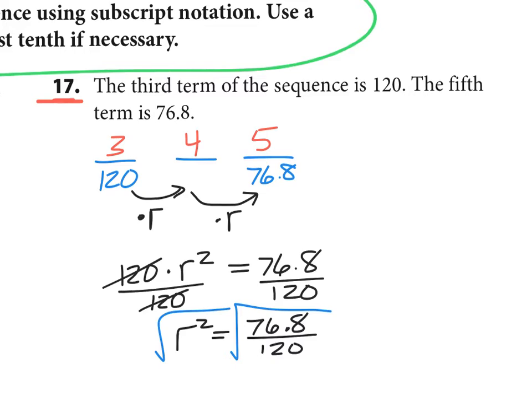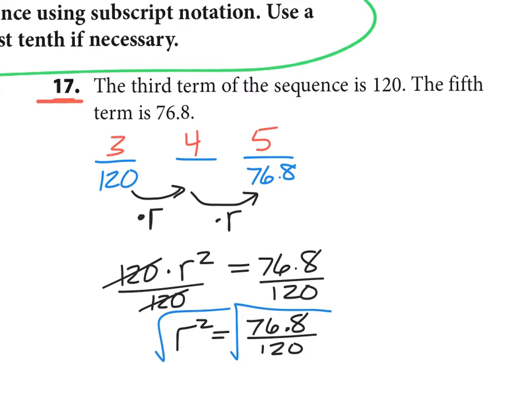Now the difference is here, we're not talking about a negative, because my R here is just going to be whatever my positive value is. So I'm just going to type on my calculator square root of 76.8 divided by 120, and that gives me 0.8.